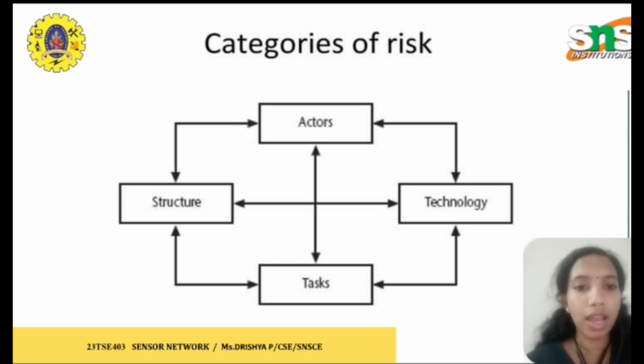Technology: every project has a technology for doing the project from start to end. Structure: a project starts and ends, and in between there are different kinds of structures. Task: we divide the whole project into different stepwise tasks. So these are the categories of risk: actor, structure, technology, and task.